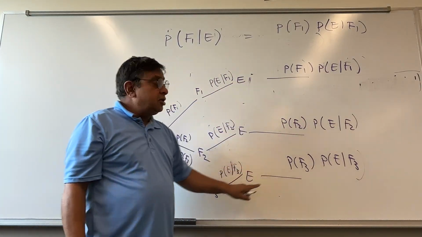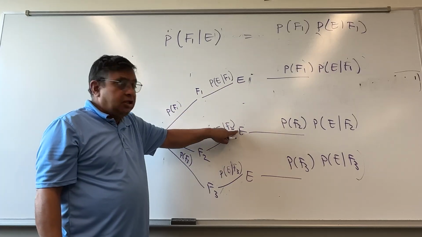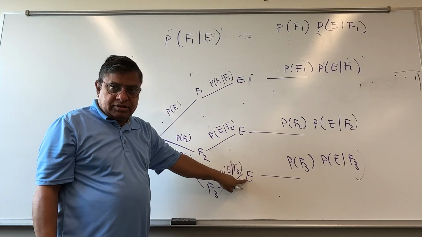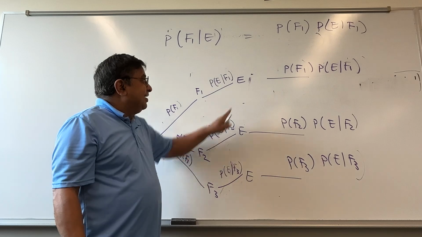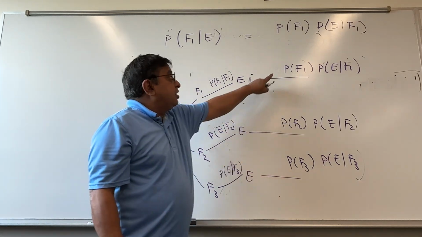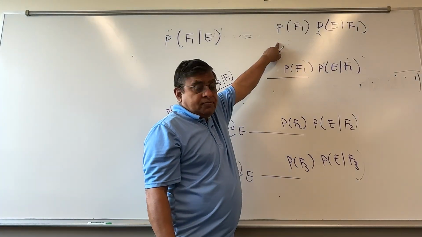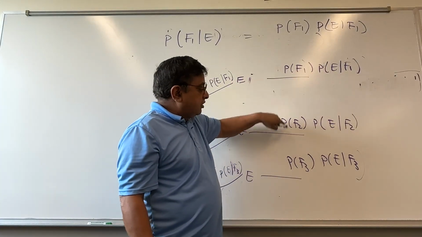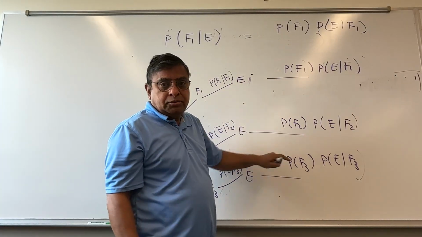What are those three terms? You look at all the branches, these are all branches that end in E, you got to add, take the sum. So that means this appears in the bottom and along with some of these other two.